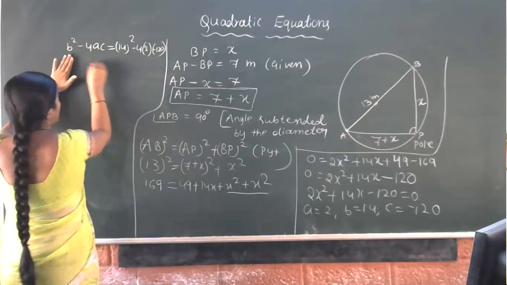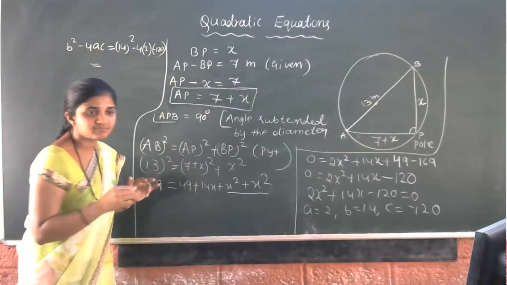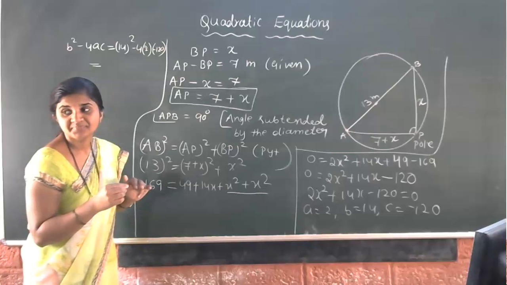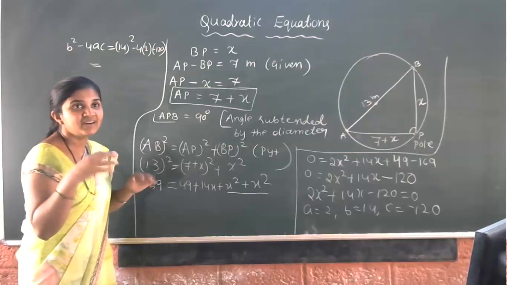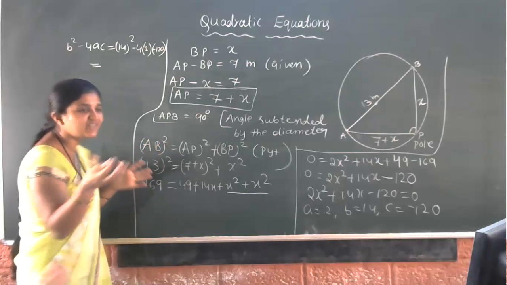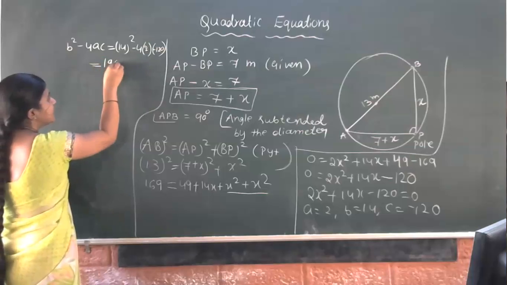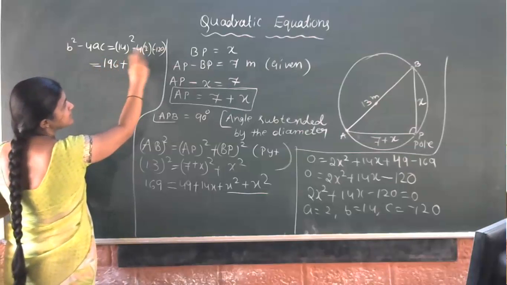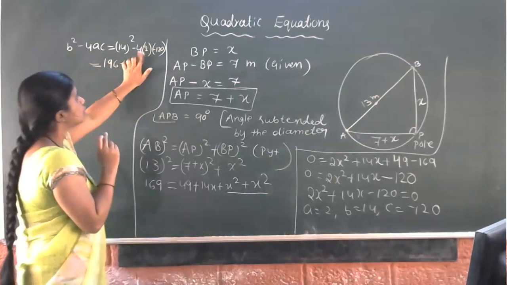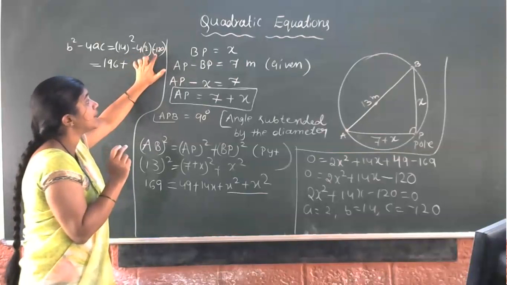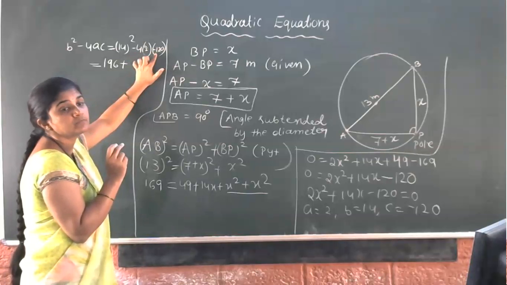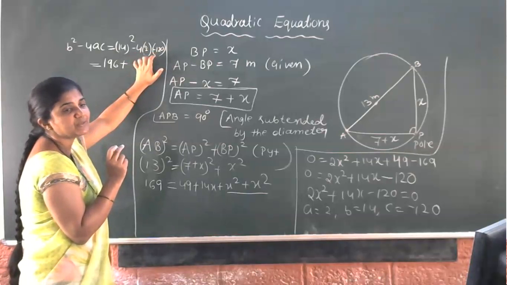14 into 14, you forgot the square numbers you have by-hearted, no? Yes, 196. Minus into minus is plus. 4 2s are 8. 8 into 120.